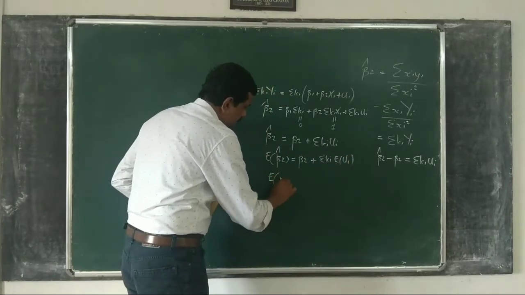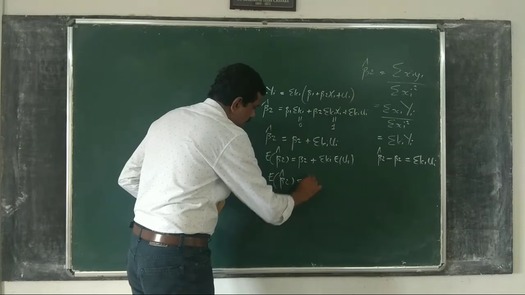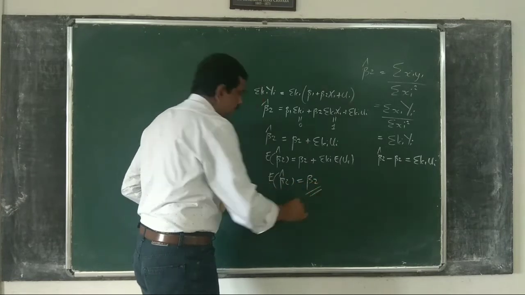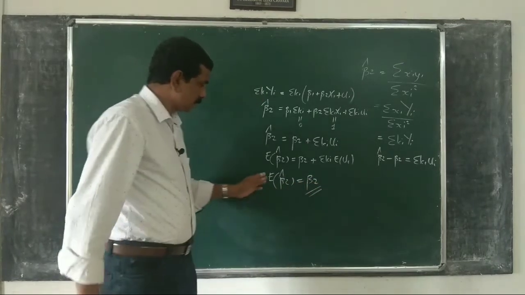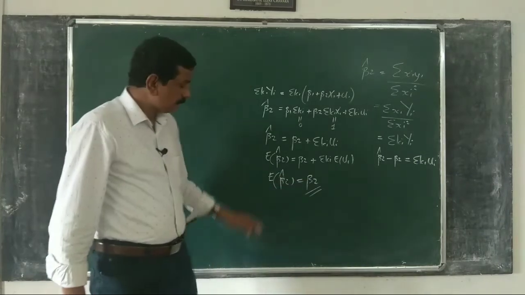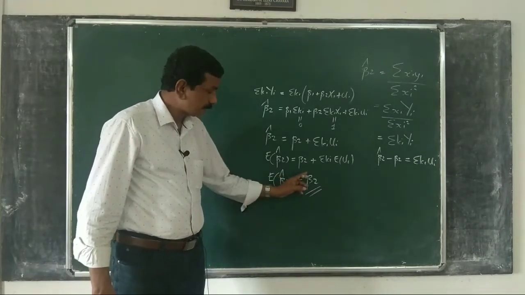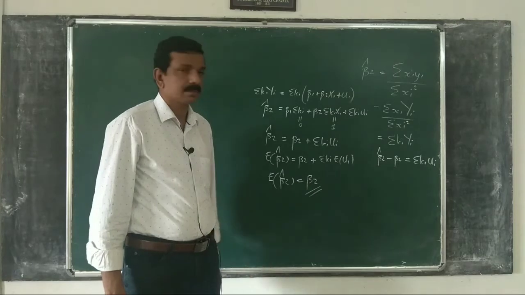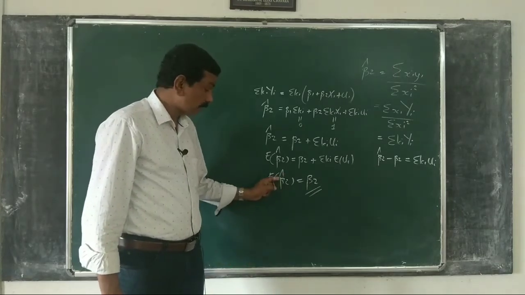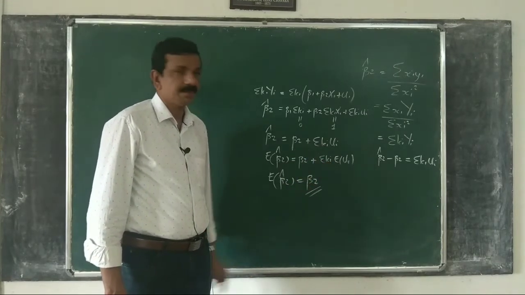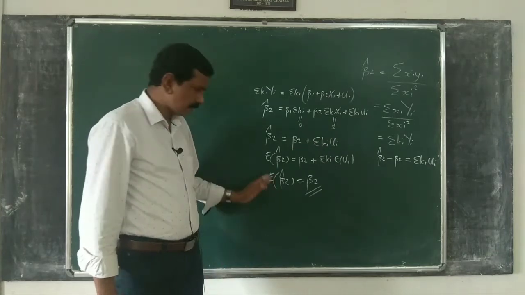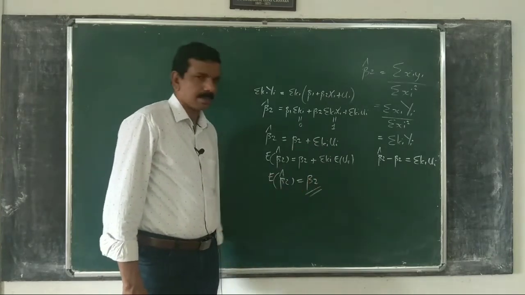So expected beta 2 hat is equal to beta 2. And this shows that beta 2 hat is an unbiased estimator of beta 2. It is actually the unbiasedness property.